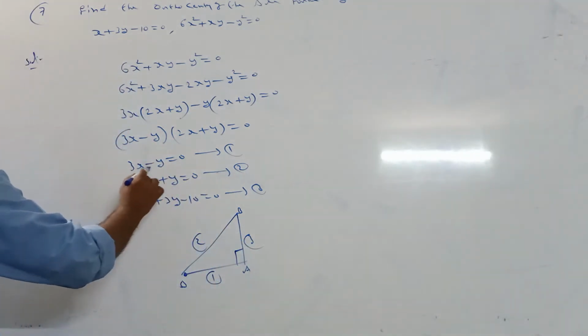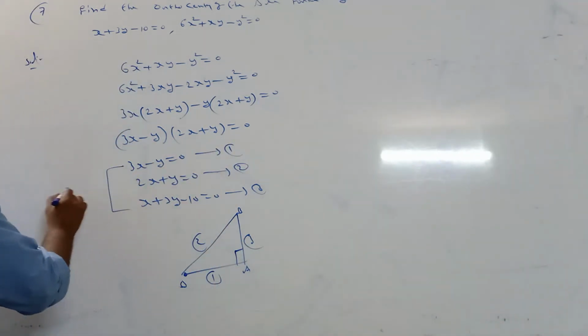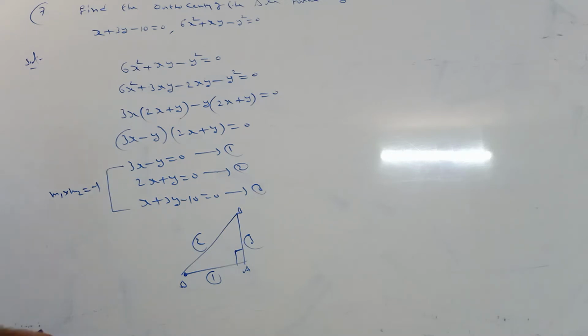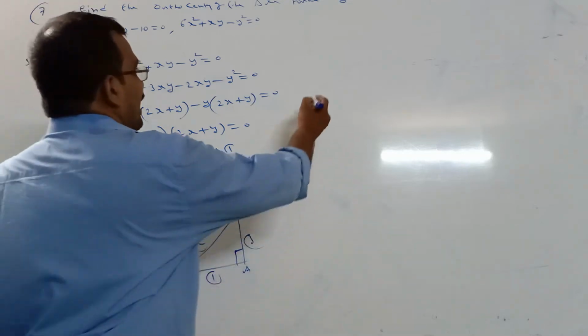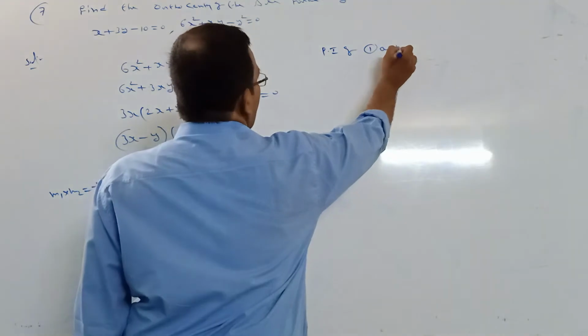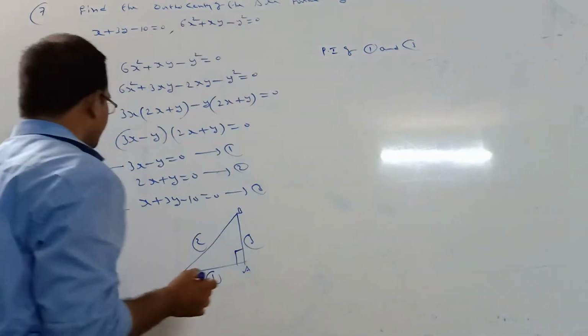Slopes product should be minus 1, you got. Then they are perpendicular lines. Then their point of intersection is nothing but the orthocenter. So I have to find the point of intersection of 1 and 3.